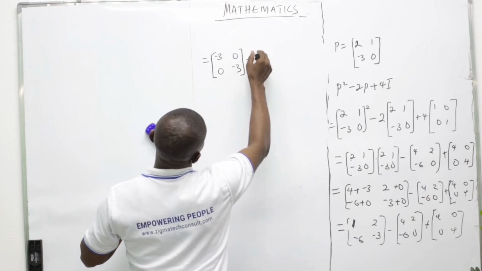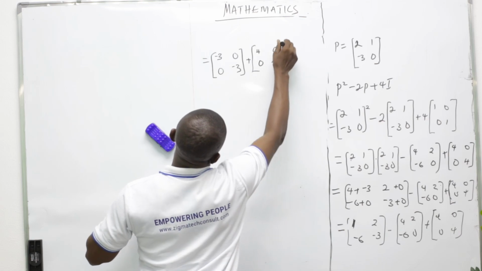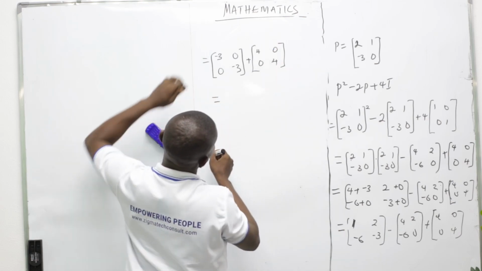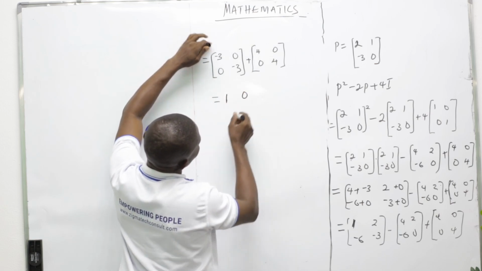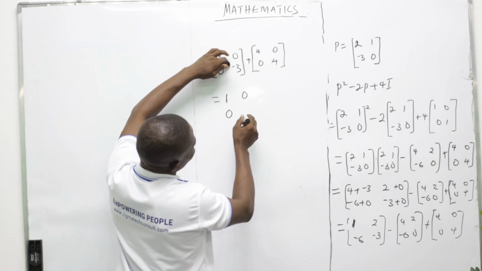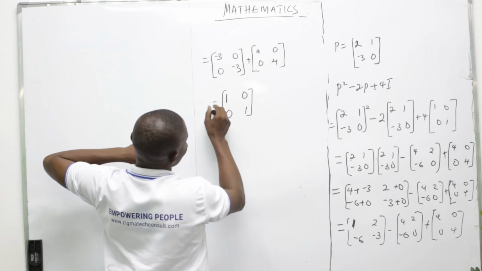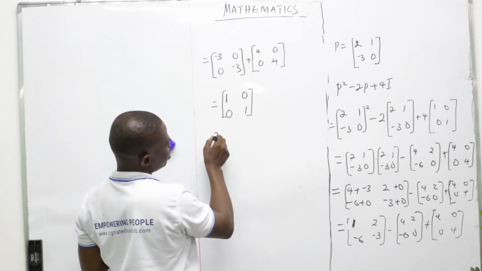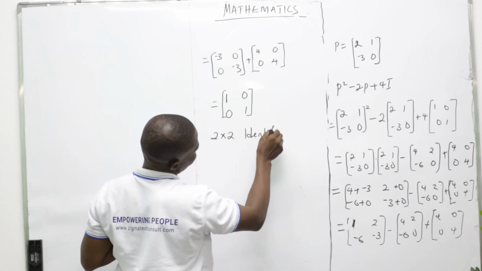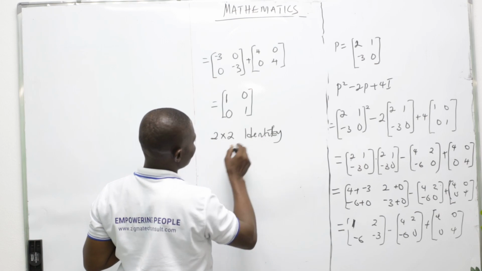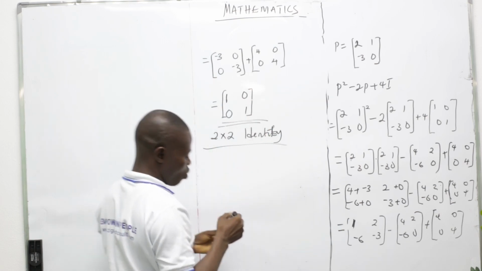Then add them together to the identity matrix, which is 4, 0, 0, 4. It will give us what? Minus 3 plus 4 is 1. Then 0. This is 0. Minus this plus this is this. So what kind of matrix is this? This is 2 by 2 identity matrix. 2 by 2 identity matrix. So that is the final answer, 1, 0, and 0, 1.